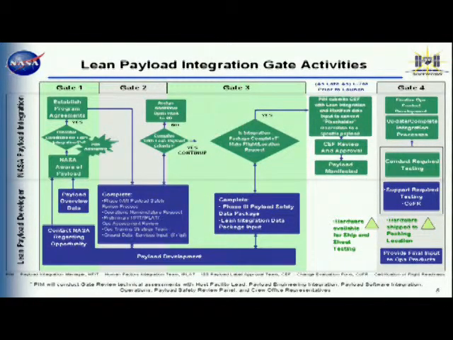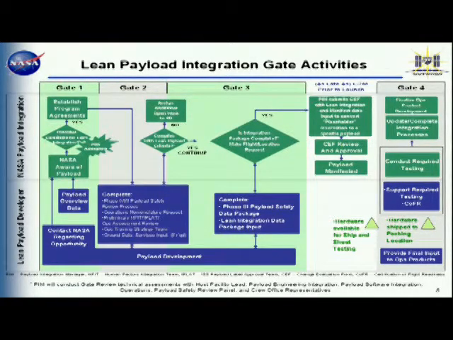So you and your PIM will get your information to us, and we will hold a review then at the end of Gate 3, looking through all your lean integration data package input, making sure everything's complete. And at that point, that review team will target candidate launches, could be roughly 7 months from that point in time.